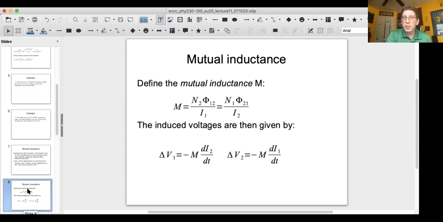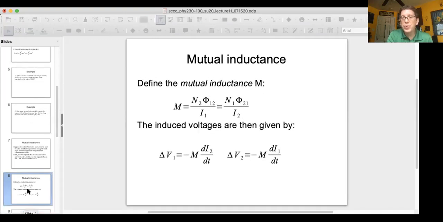So the induced voltages across the inductors are given as follows. So delta V1, the induced voltage in the first coil, is equal to negative M times di2 over dt. So again, the induced voltage is such to oppose the change of the current in I2.